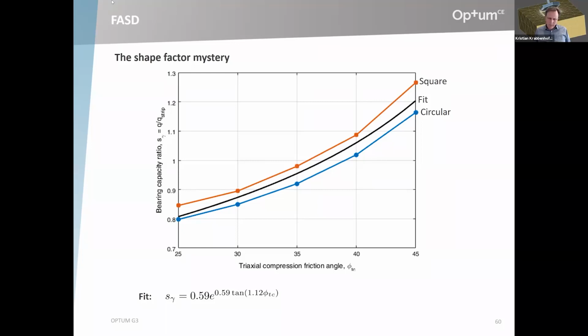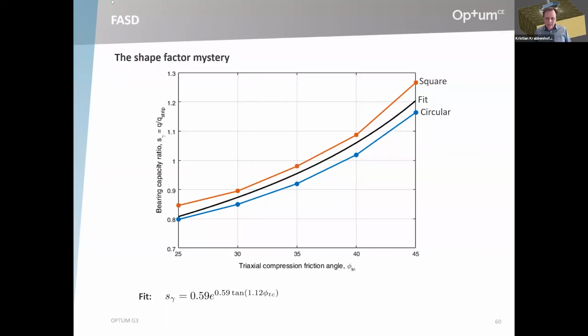But the point was more that when doing 3D analysis, and Mohr-Coulomb is the only model at your disposal, you have this dilemma of what angle to put in: the triaxial compression angle, which is usually the one that is available, or the plane strain angle. You know that the triaxial compression angle is probably somewhat conservative, but can you really go for the plane strain angle with the Mohr-Coulomb criterion?